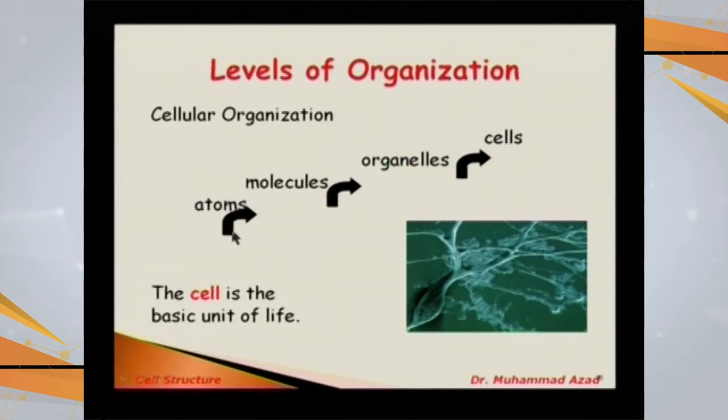Atoms are the smallest particles of an element which retain all the properties of that element. These atoms combine to give us molecules, these molecules give us organic compounds, these organic compounds give us the organelles, and the organelles give us the cell, which is the basic unit of life.